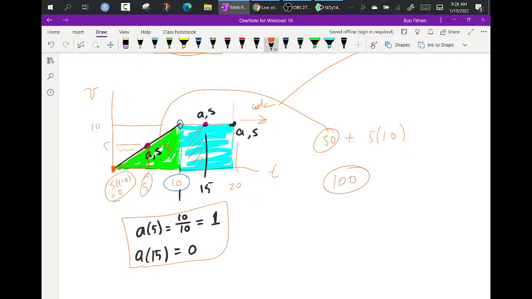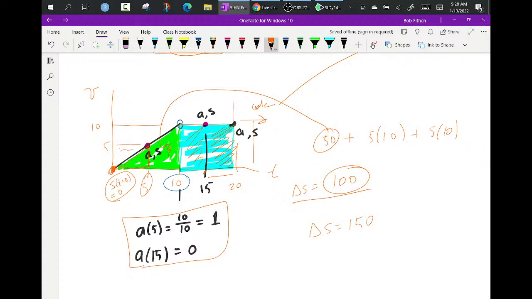So my change in S from time 0 to time 15 seconds is 100. Now, what do I do if I want to go to 20? Well, I just add in the area right here. And what is that? That's another 50. I move 5 at a height of 10, and I get 150. So I moved 150.